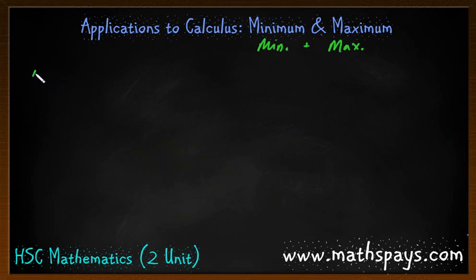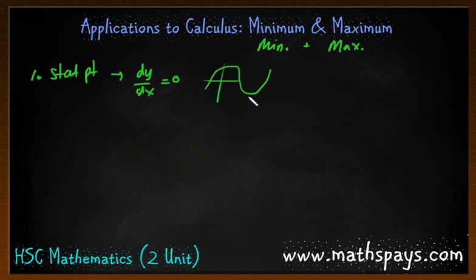So first of all, we've learned that for a stat point, or a stationary point, we always look for dy/dx equal to 0. Of course, that's because we have a gradient function, and we know if we're looking for a turning point, let's say a turning point below there, the minimum one, it has a gradient of 0.